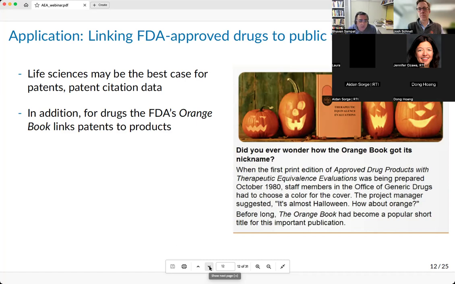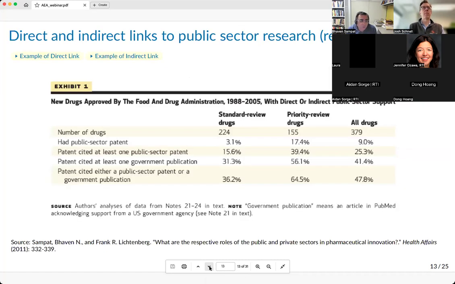So one thing we did, and I think it's on the next slide, one thing Frank Lichtenberg and I did way back in 2011 is to take all drugs on the FDA's Orange Book, find all their patents, find all the government interest statements in those patents, so cases where those patents were directly funded by the government, and then also all cases where those patents cited a publication that acknowledged NIH funding.